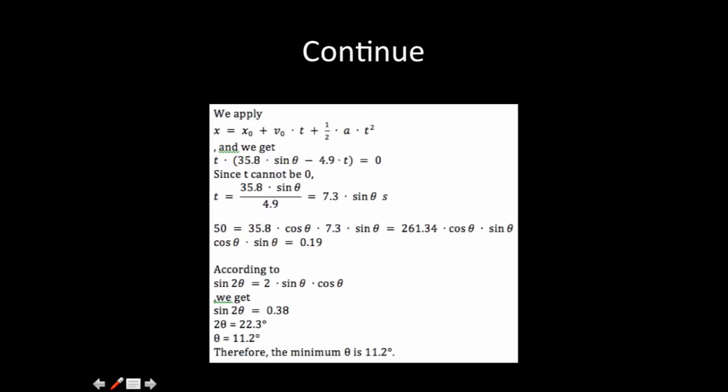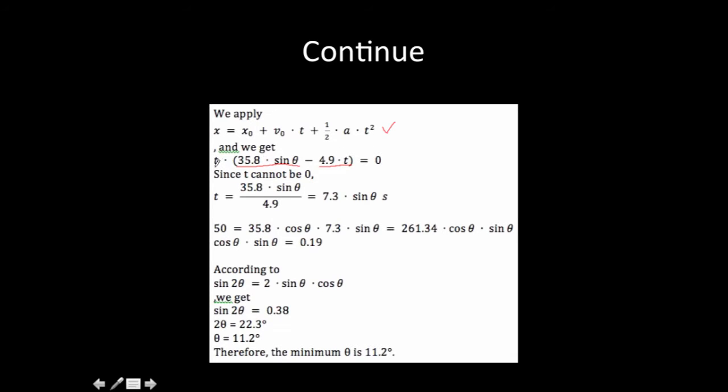According to the formula x equals x0 plus v0t plus 1/2 times acceleration times t squared, we just plug in everything we know. So 35.8 sine theta and then 4.9 multiplied by t.